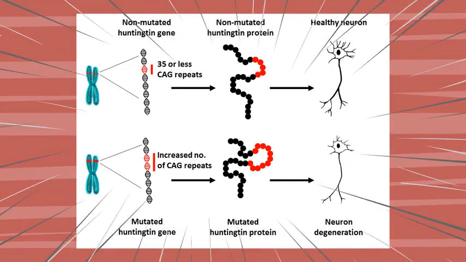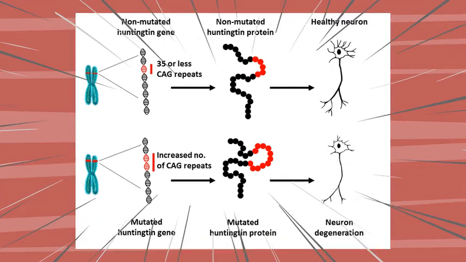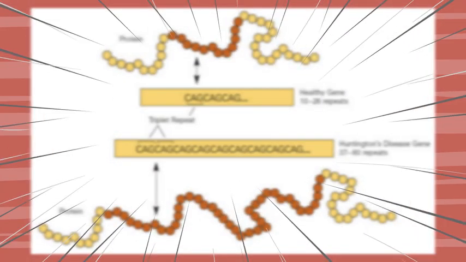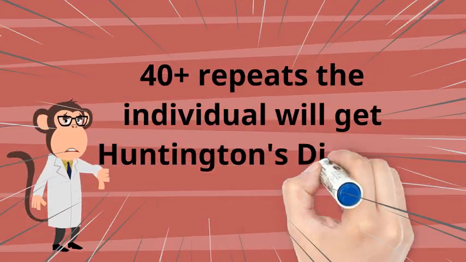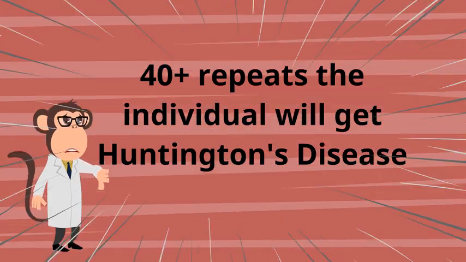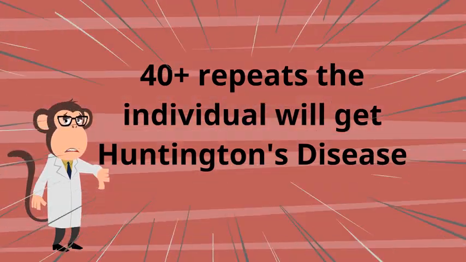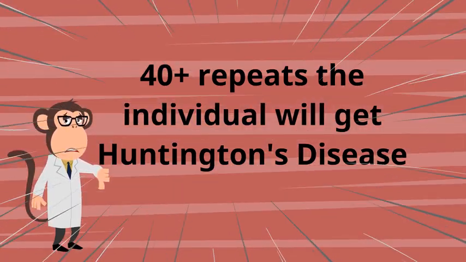Normally, the Huntington protein will contain less than 27 repeats, while carriers have anywhere between 27 to 35 repeats, and over 40 repeats will produce the disease. If there is a 40-plus GAC repeat, the individual will get Huntington's disease and risk passing on the gene.